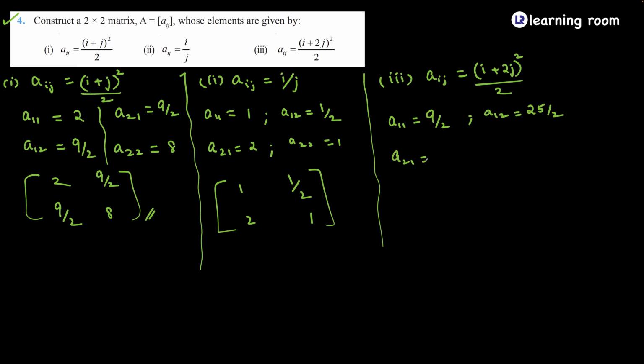Similarly, what is A21? 2 plus 2, that is 16 by 2, which will be 8. And what is A22? 2 plus 4, 6. 6 square is 36, 36 by 2 is 18. So what are the elements going to be? 9 by 2, 25 by 2, 8 and 18. Right?